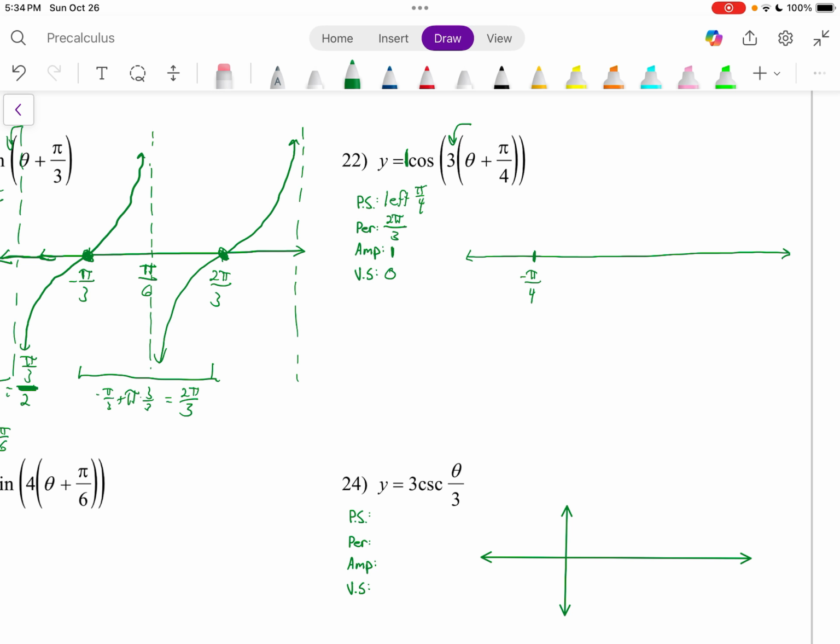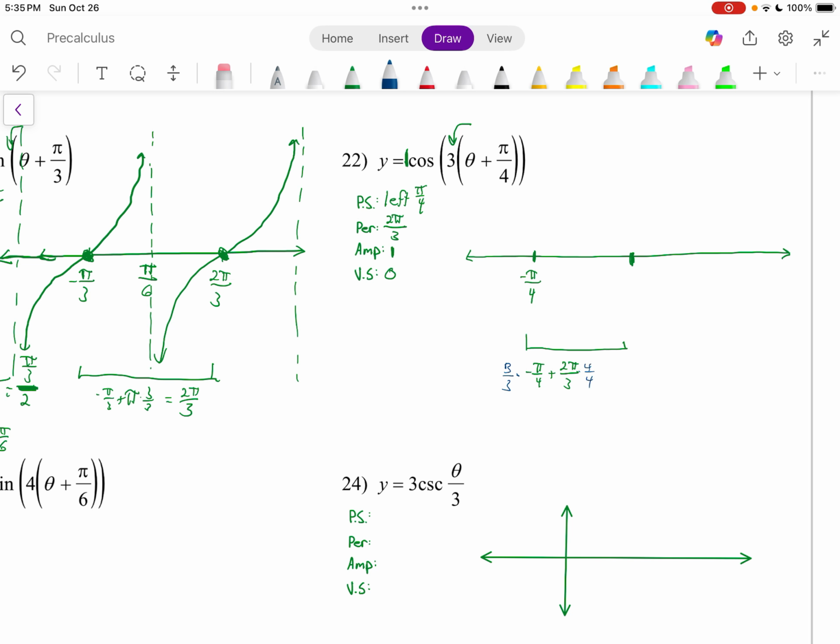Our period is 2 pi over 3, so a much smaller period. So we'll put our endpoint here. So negative pi over 4, and we want to add our period to find the end point, to find out where this ending is. In order to do that, we need a common denominator. So let's multiply this by 3 over 3, and multiply this by 4 over 4.